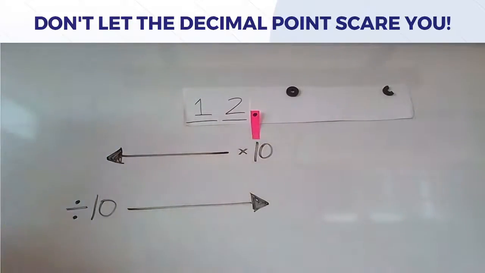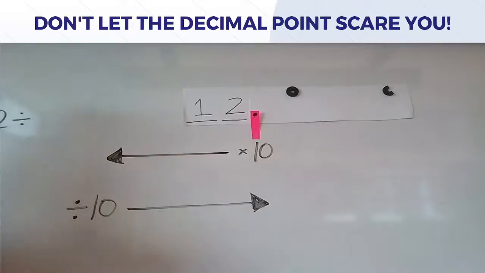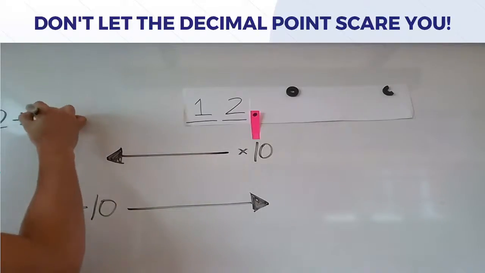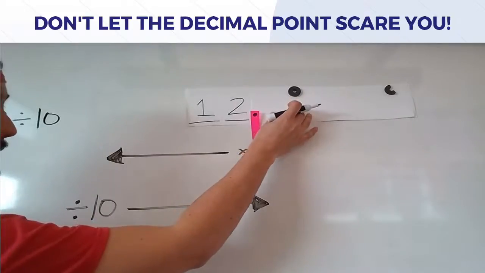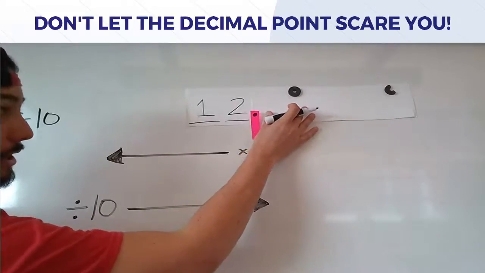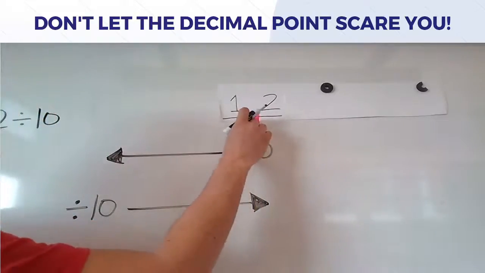Okay? The nice thing about inverse operations is if we have something like 12, we're going to divide it by 10. Meaning, we're going to take this decimal point, we're going to take everything and shift it one place to the right. It almost looks like the decimal point's moving to the left.